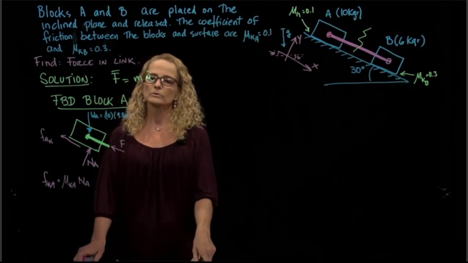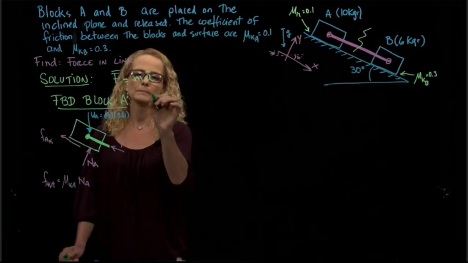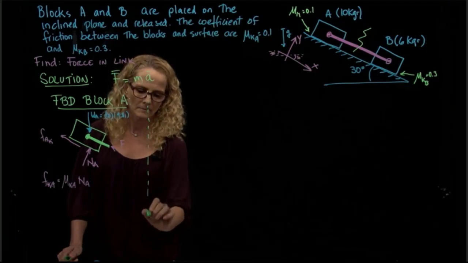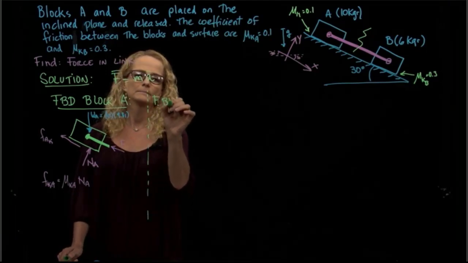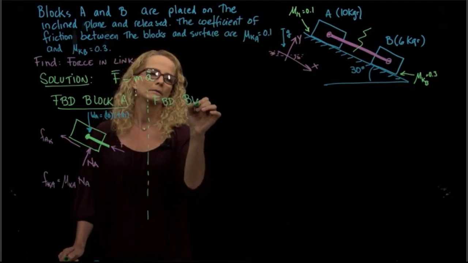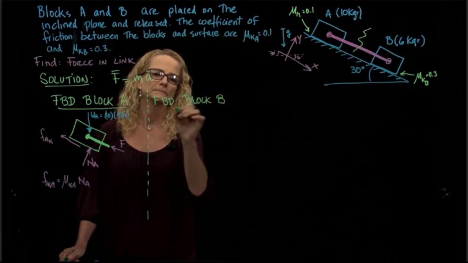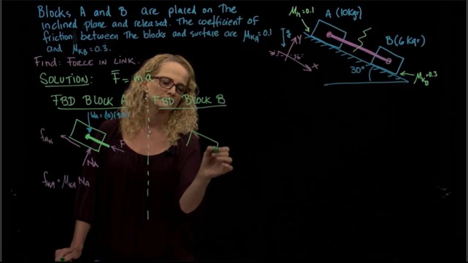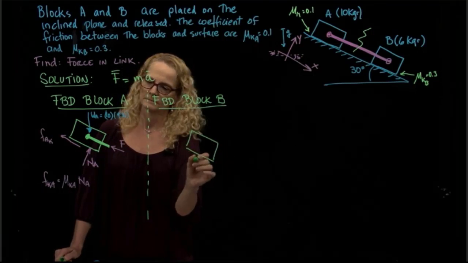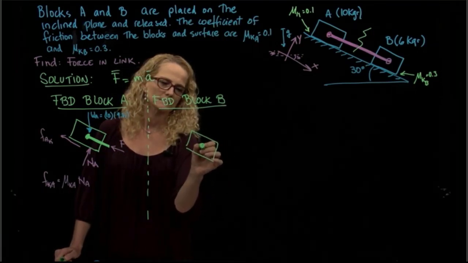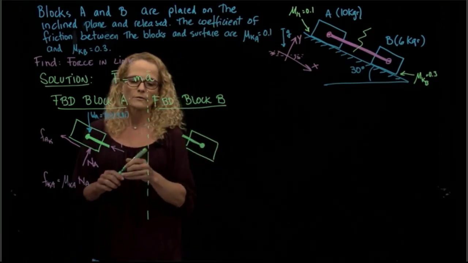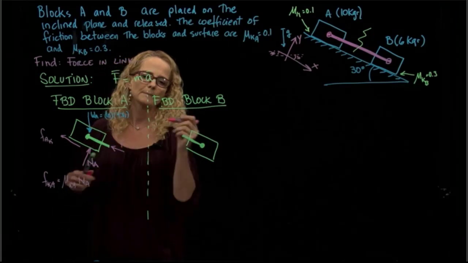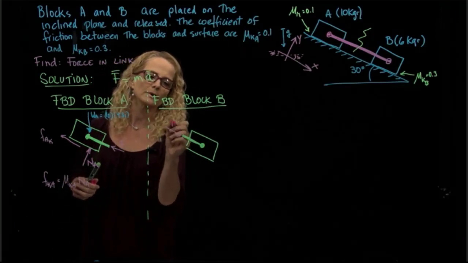I'm also going to draw my free body diagram of block B, and it's very similar to block A. By action and reaction, I have the same exact force, but in the opposite direction.